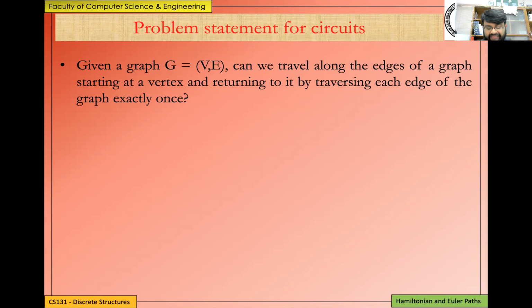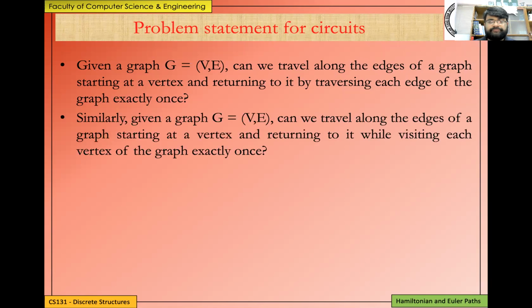So this basically means that each edge of the graph is traversed exactly once only, right? And this basically means that all edges are traversed, number one. Number two, that each edge is traversed exactly once only, right? So this is a particular problem that you might be facing. You have to use all edges and you have to use them exactly once, right? And not more than once.